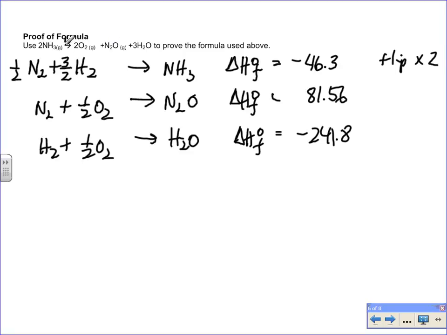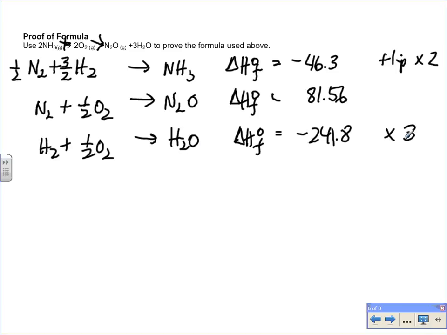Okay, I've just noticed something here. This should be plus and this should be an arrow. Okay, so we want 1 mole of N2O. So this reaction doesn't need to be changed. We want in our goal reaction to have 3 H2O. So what that means is that we need to take this reaction and we need to multiply it by 3.